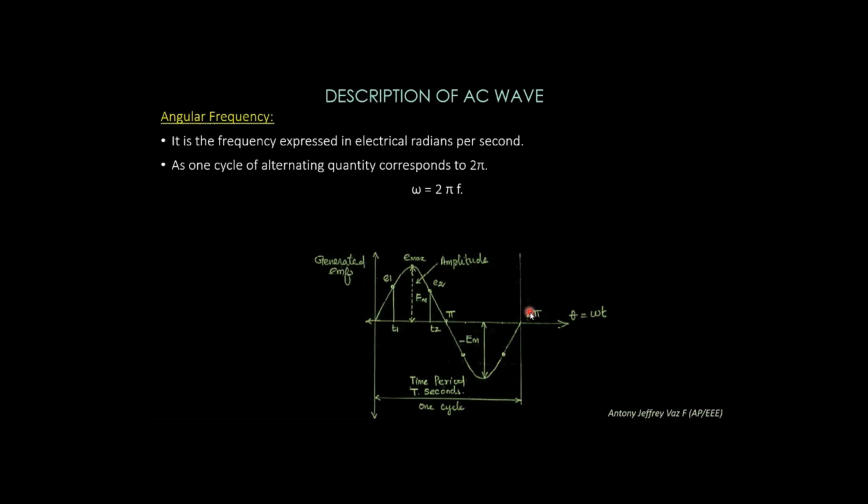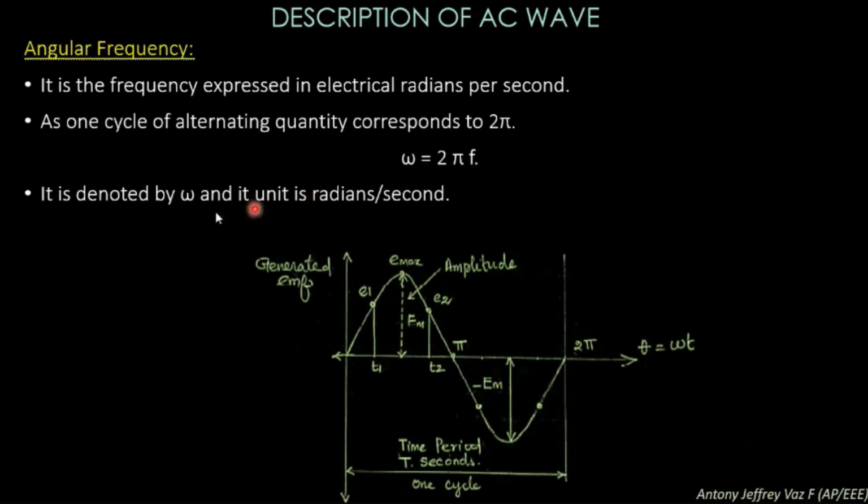You know that omega is equivalent to 2 pi f, where omega is the representation of angular frequency, 2 into pi is nothing but 360 degree, and f is frequency. Omega's unit is radians per second.